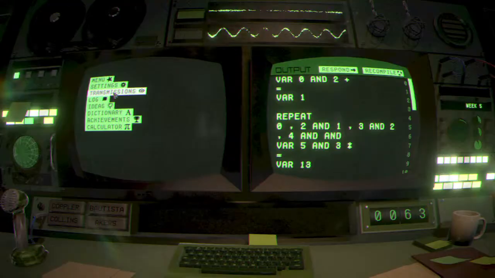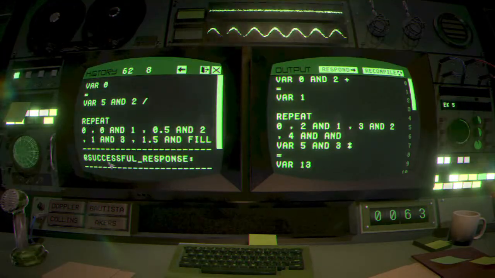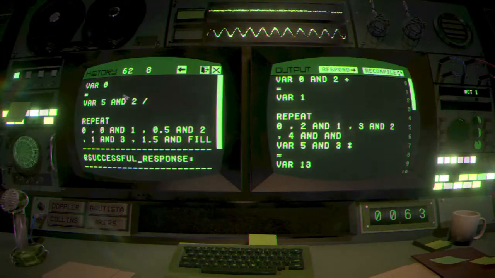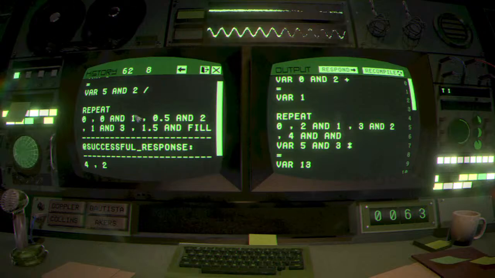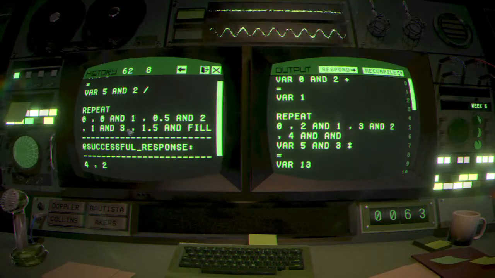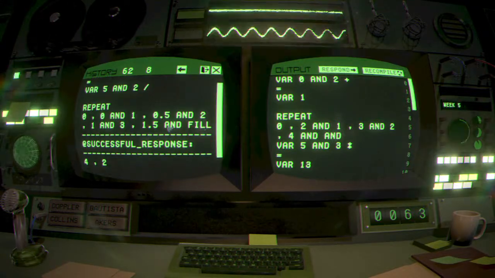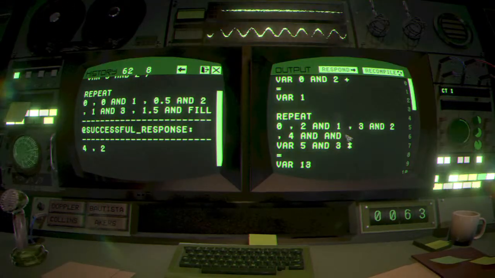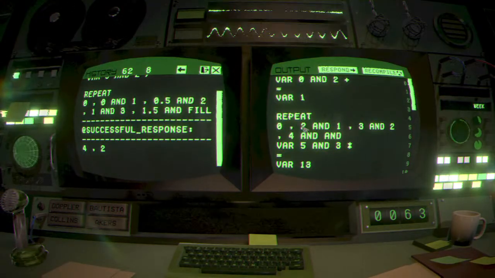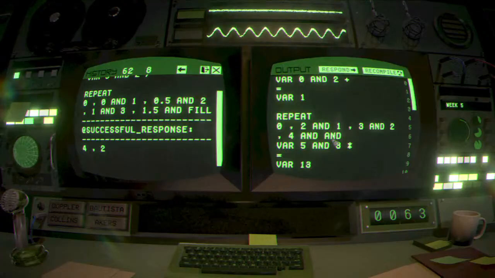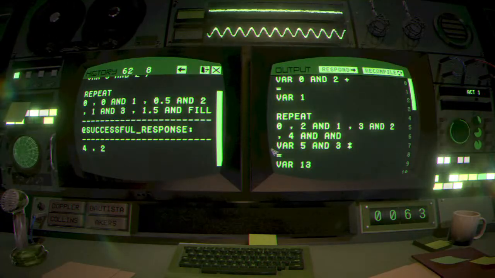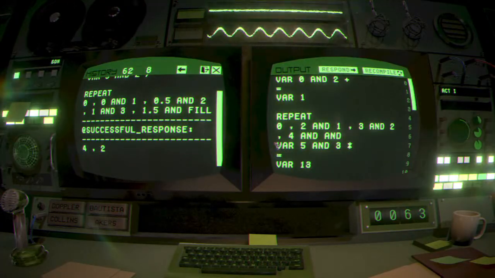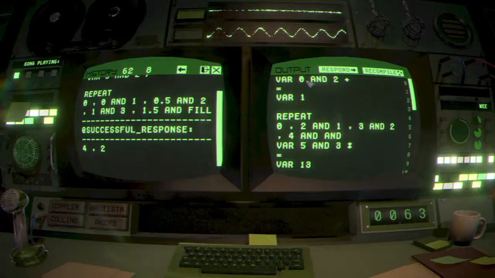So now I go back to previous one. 0, 0, 1, 0.5, 2, 1, 3, 1.5, and then fill. I mean, that seems easier to read. Okay. 0, 2, 1, 3, 2, 4. Sorry, I skipped ahead. I need to go back to the top.